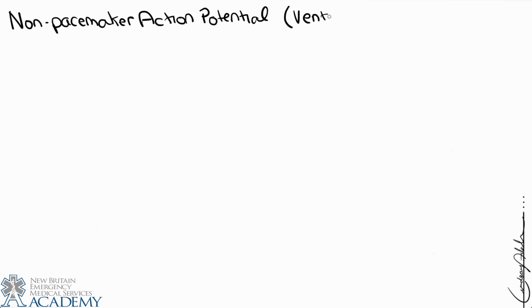Now, most importantly, we need to compare the pacemaker action potential to a non-pacemaker action potential. And so we'll use the ventricular action potential as our model for considering the non-pacemaker action potential. And I think it's important to note that, for example, ventricular cells have a resting potential of about minus 90 millivolts, and atrial cells have a resting potential between minus 80 and minus 85 millivolts.